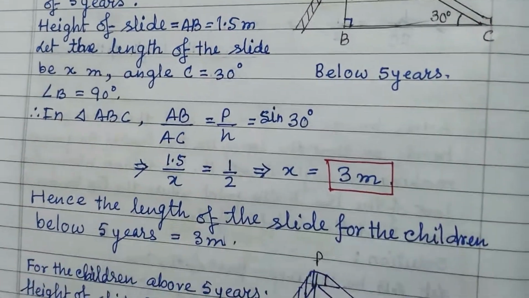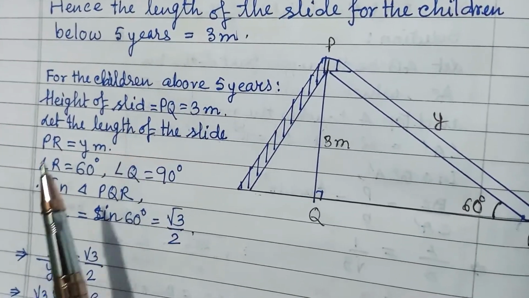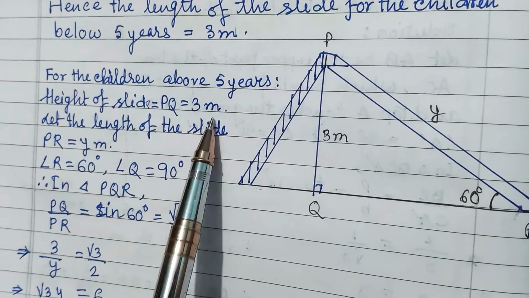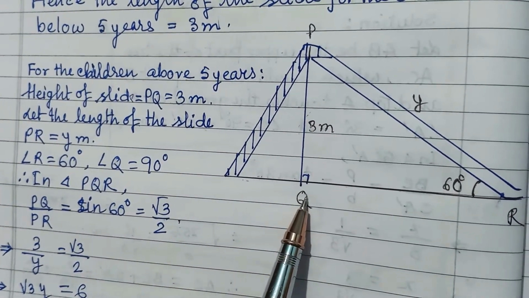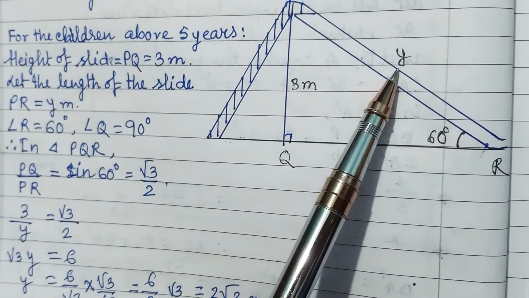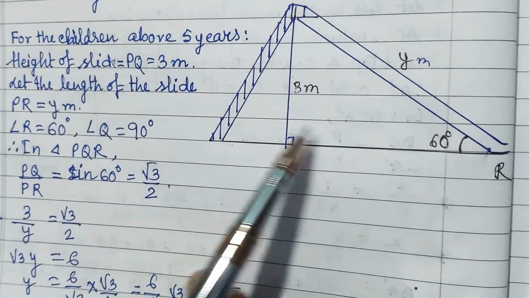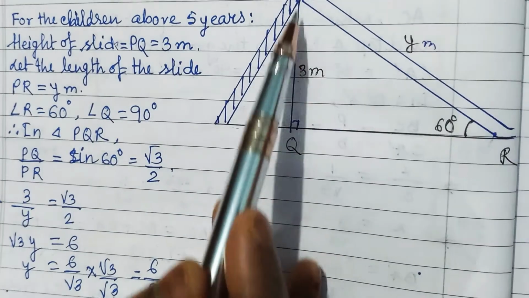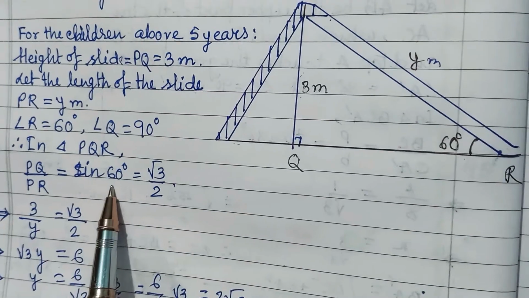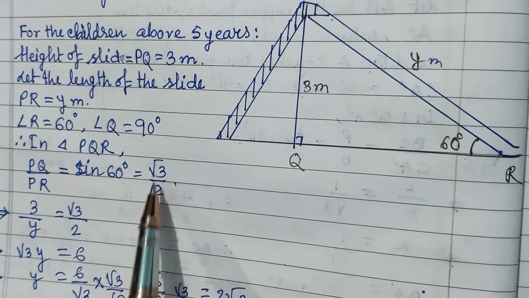Now the next one. For the children above 5 years, the height of the slide is PQ equal to 3 meter, and the length of the slide is PR, which you take as y meter. Now perpendicular upon hypotenuse is sin 60 degree, which is root 3 upon 2.